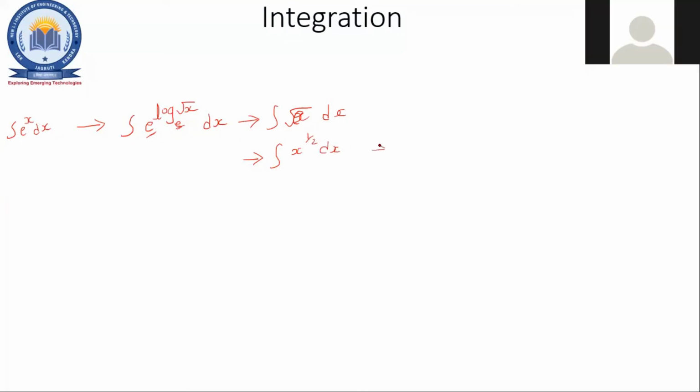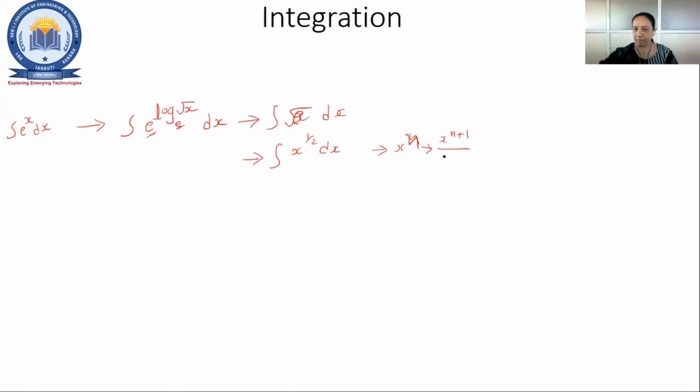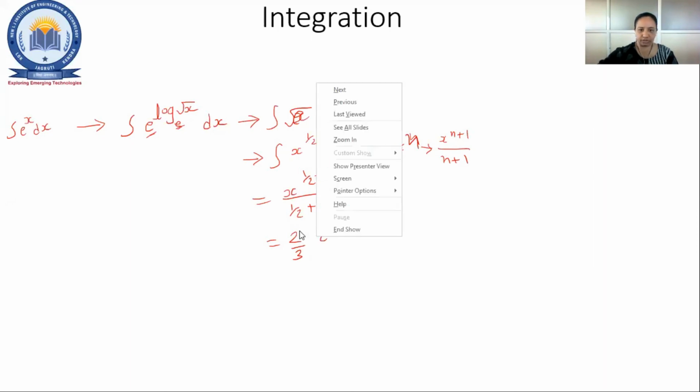So you know the concept of x raised to n. x raised to n means x raised to n plus 1 upon n plus 1. So here x raised to 1 by 2 plus 1 upon 1 by 2 plus 1. That can be rewritten as 2 by 3 x raised to 3 by 2.